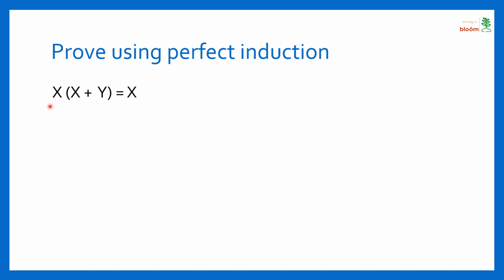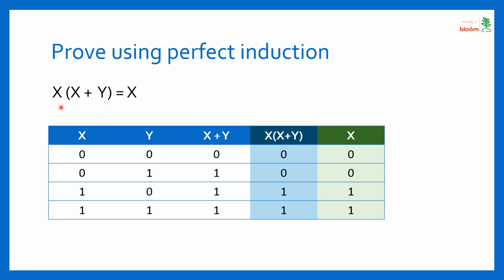Now let's see how to prove a Boolean expression using truth tables. Here we have this equation: x AND (x OR y) equals x. Now let's see how to prove it. Both x and y can have 0 or 1 as their values. Then x OR y is 0 1 1 1.